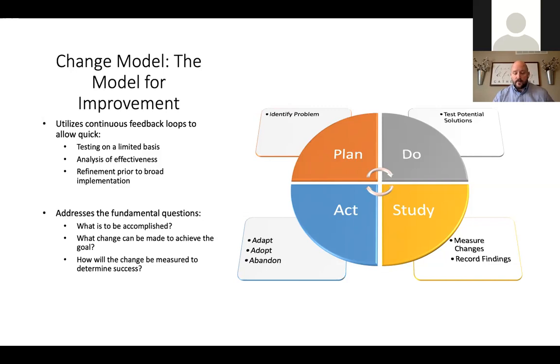The PDSA cycle follows a cyclical progression, which allows for continued development and evaluation to occur, thus constantly improving processes. The model for improvement addresses the fundamental questions of what is to be accomplished, what change can be made to achieve the goal, and how will the change be measured to determine success.